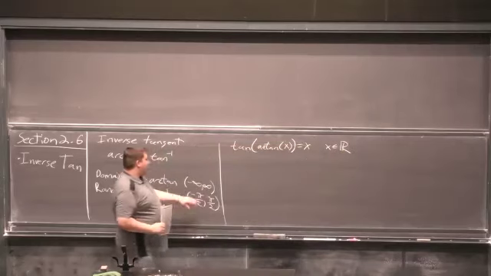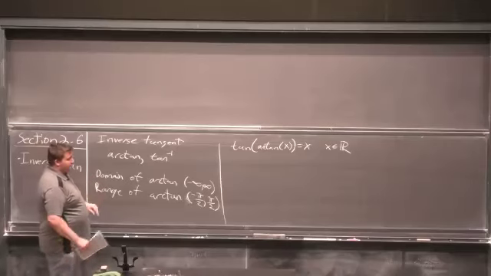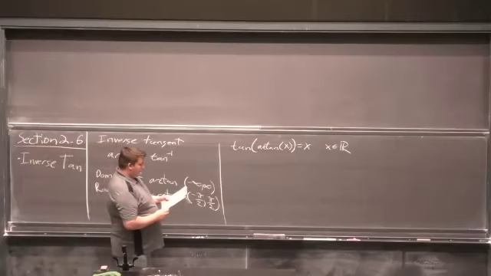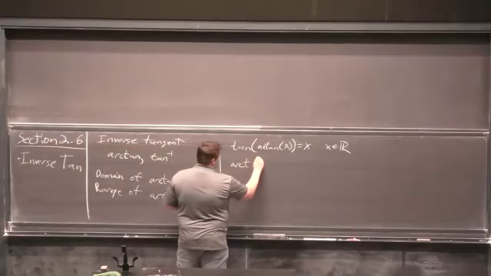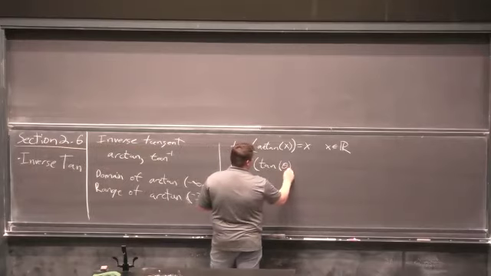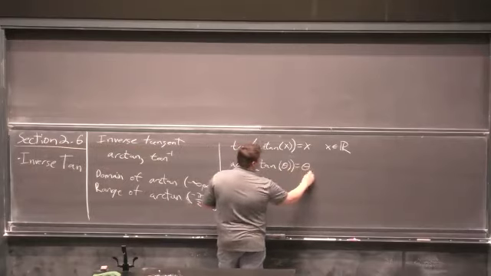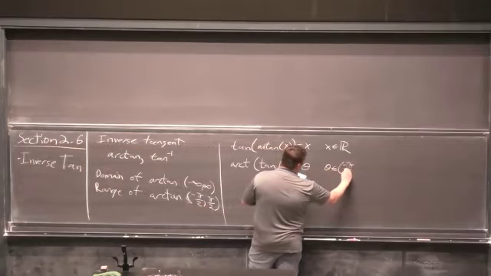And that's because of the domain of the arctangent. If we have arctangent of tangent of some theta, this will equal theta when theta is within negative pi over 2, pi over 2.